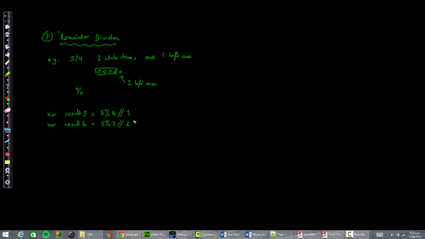Okay, so there are the 3 kinds of division then. Normal division, integer division, where we use math.floor usually, or sometimes math.ceil, and this remainder division, where this percentage symbol isn't used for a percentage here, it's used to actually calculate for us what's left over.